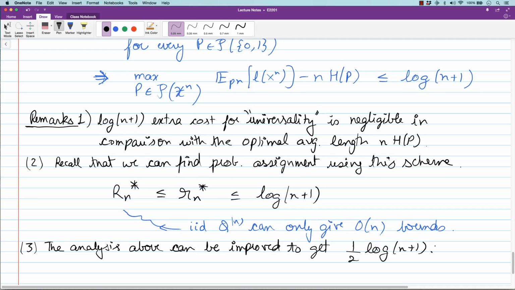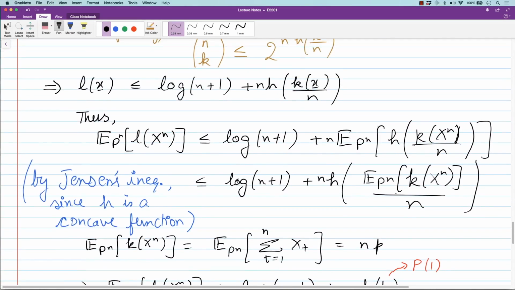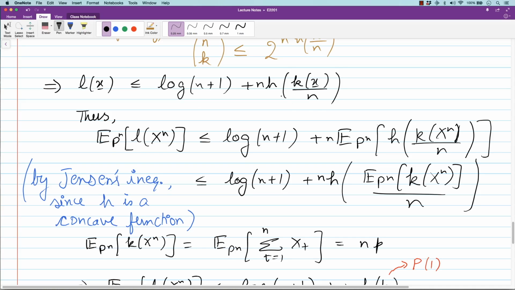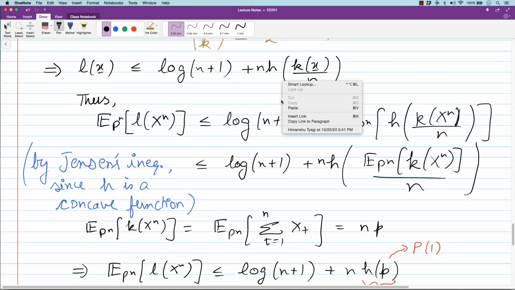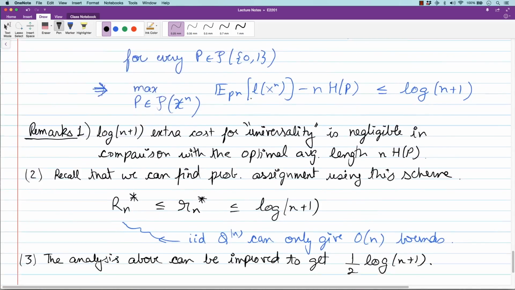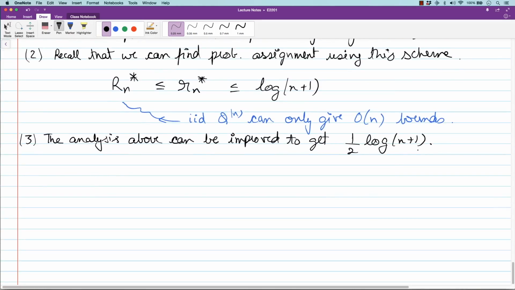The way we did it, we can do a more careful analysis of the number of bits used by the scheme, and you can subtract some, so this bound is a bit relaxed. If you use a more careful bound, you will get half log n plus 1, not log n plus 1. But in this case, we don't worry about this constant. In fact, this constant of half is optimal. So you can't roughly beat this scheme in a universal way.